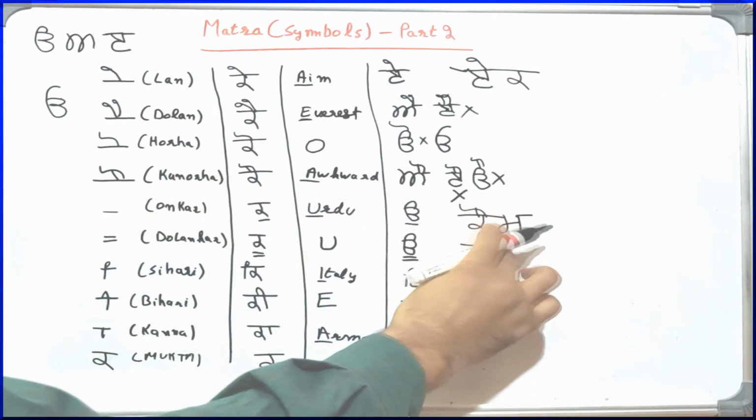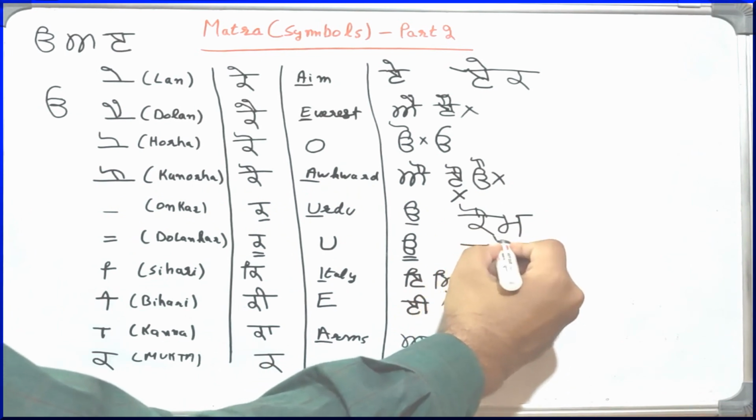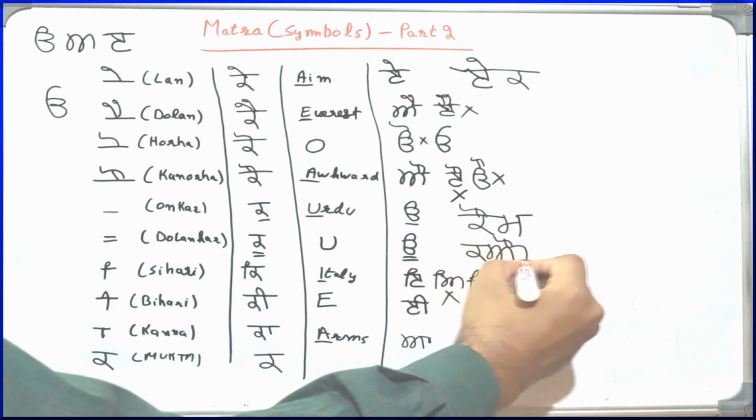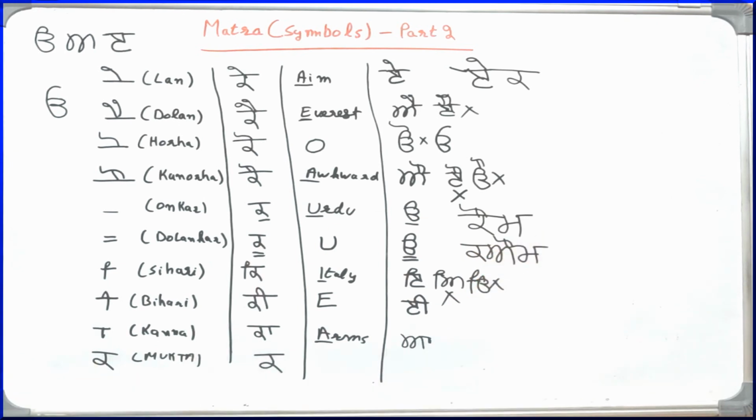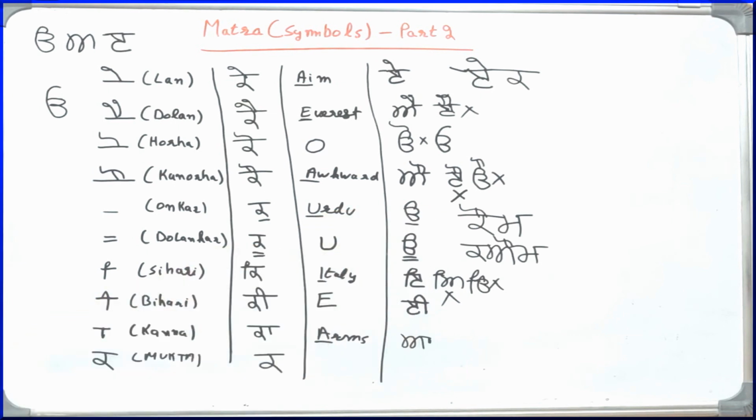So I will say, is it right? I have used kakka, I have used the sound of aw, and then I have used mamma. Will this word give the same sound as this word? The answer is no.